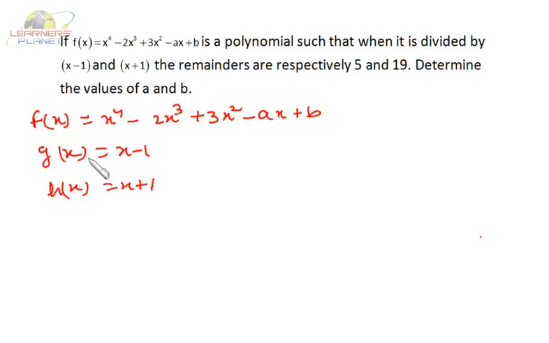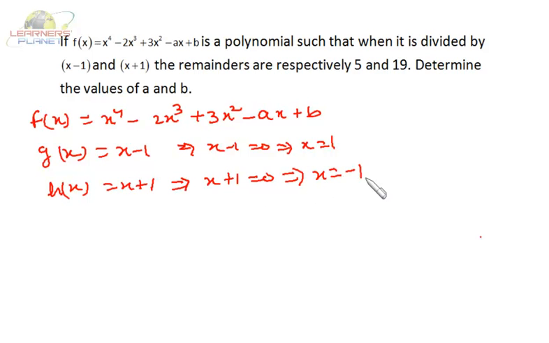Now what is the first step? Equate g of x to 0 and find out its root or zero. So x minus 1 is 0, that means x is equal to 1. Similarly, equate h of x to 0 and get the root of h of x. That means x is equal to minus 1.